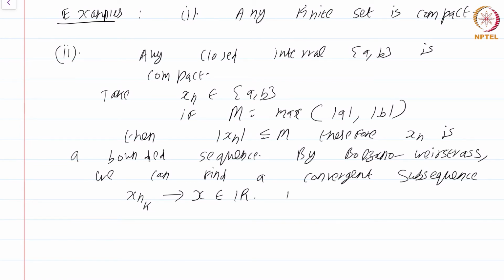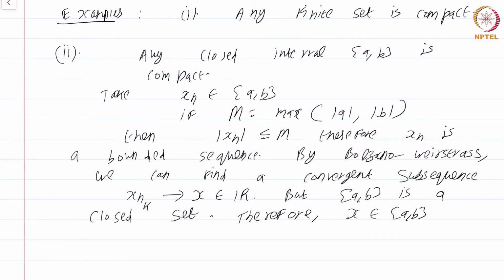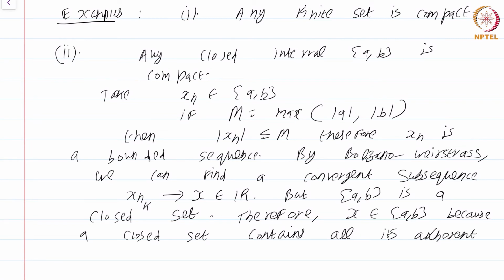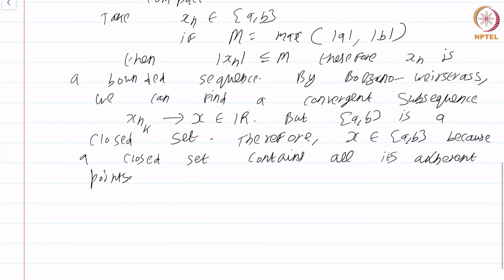But wait a minute. [a, b] is a closed set. Therefore, x must belong to [a, b] because a closed set contains all its adherent points. That's the definition of a closed set. Hence we are done.